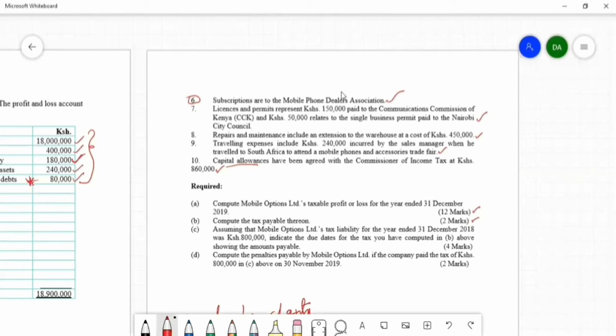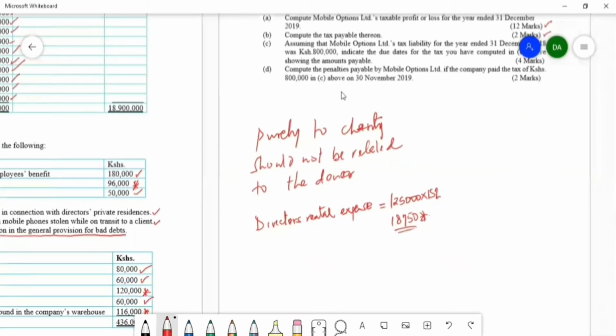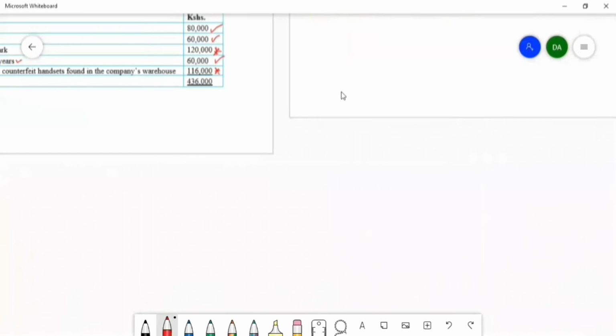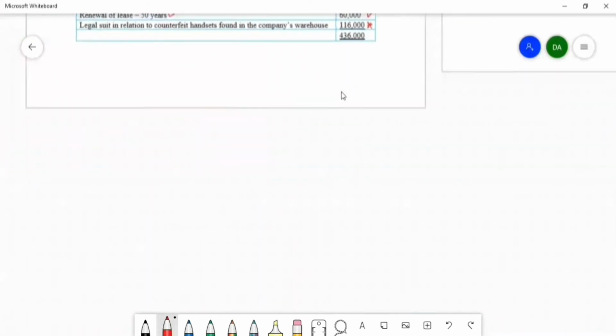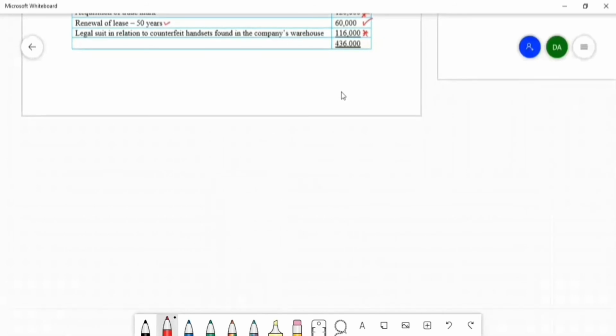In this case, it is inappropriate to use the second approach. Like I told you, the second approach is used in a situation whereby the information available is a list of balances. That is where we use the second approach. Now, this is Mobile Options Limited. So let us start by preparing statement of taxable profit or loss.